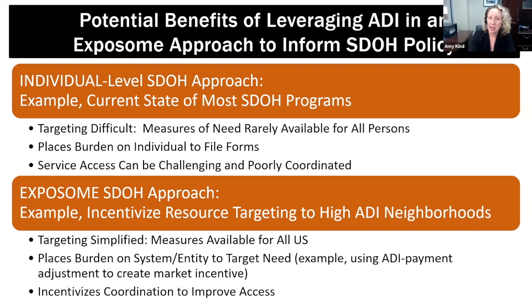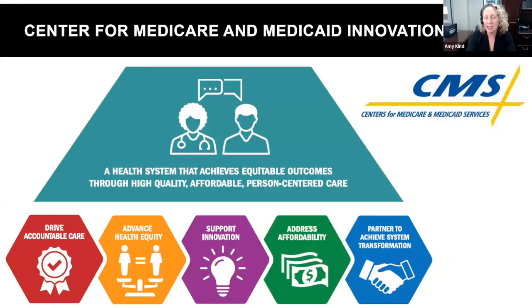For instance, with the ADI payment incentives I'm going to show you in just a moment, it creates a market incentive for healthcare to target these high ADI contexts. And it also incentivizes coordination to improve access. So hopefully the different entities that are targeting these high ADI neighborhoods are working with each other in order to be more efficient. And this is exactly the approach that the Center for Medicare and Medicaid Innovation is taking.